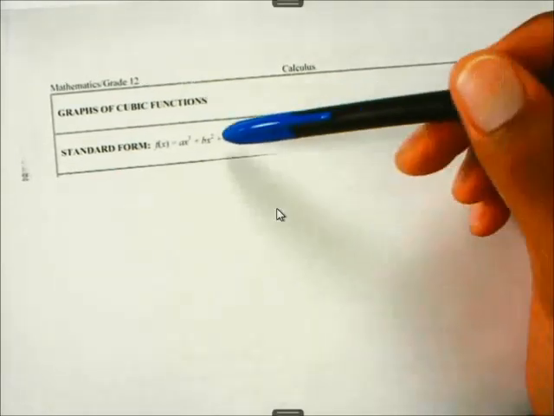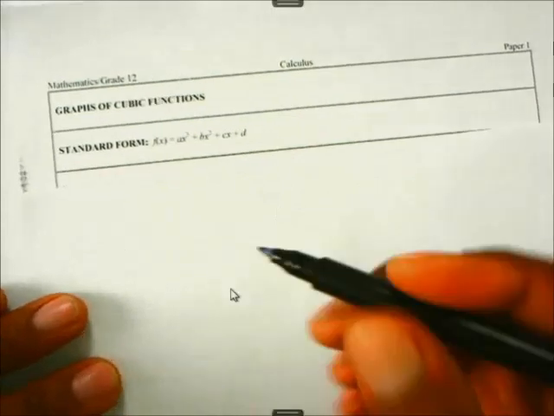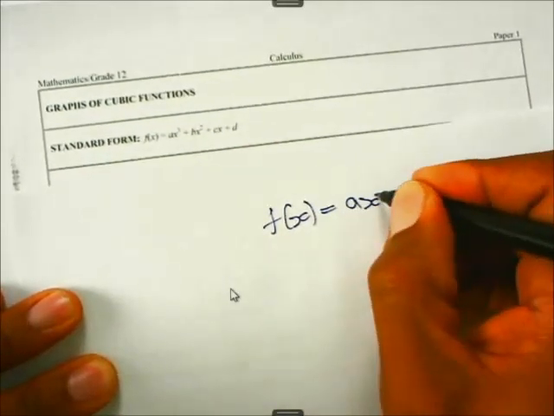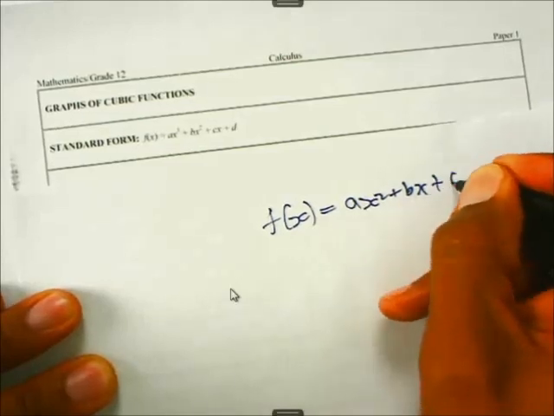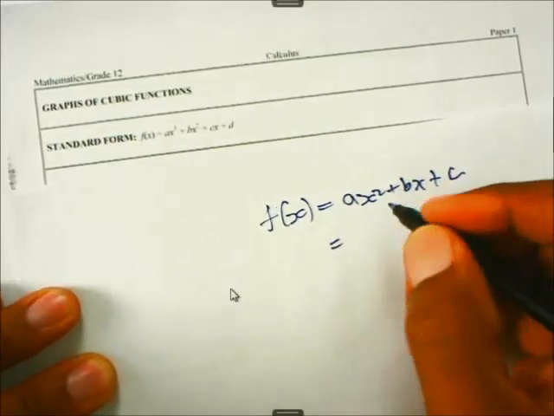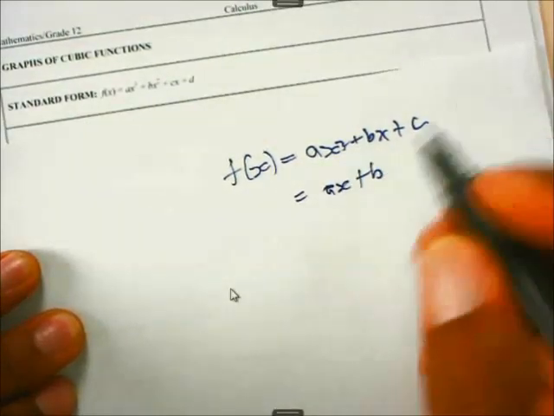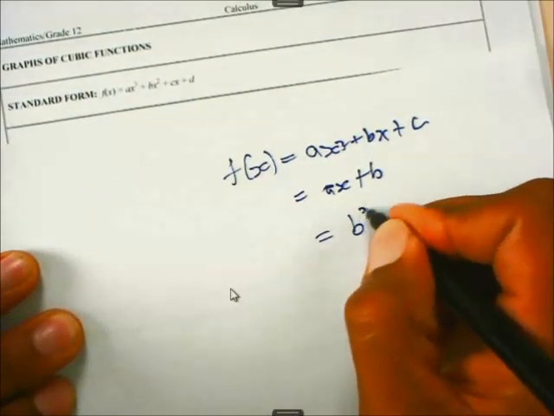When you talk of the quadratic functions, we have f(x) equals ax squared plus bx plus c. The linear one is only ax plus b, and the exponential one is b to the power of x.